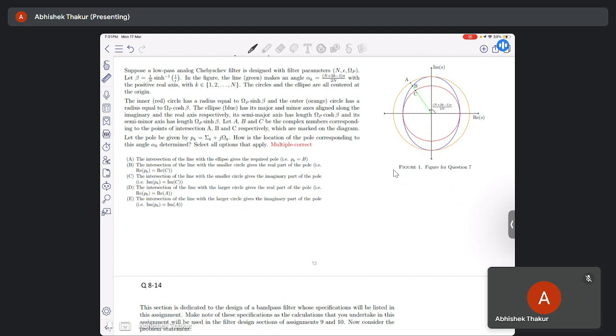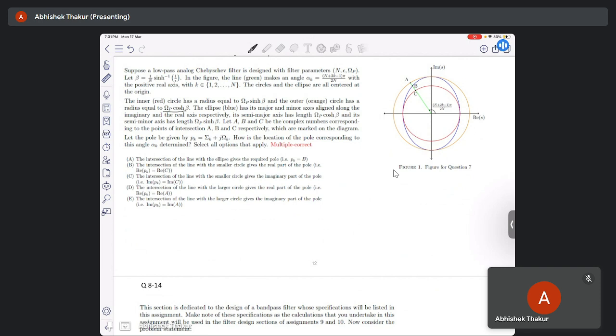So the inner red circle has a radius equal to omega p cosh beta, and the blue ellipse has its major and minor axis aligned along the imaginary and the real axis respectively.